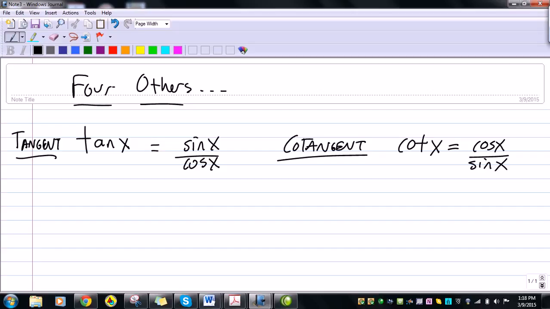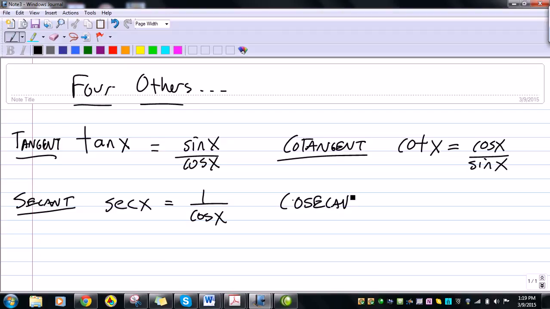Okay? And we also have two additional trigonometric functions. One is called the secant, S-E-C-A-N-T, and we write it as the secant of x is equal to 1 over the cosine of that same angle. And the last one is called cosecant, and it's spelled as such.